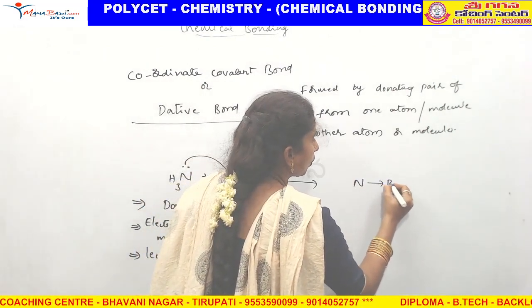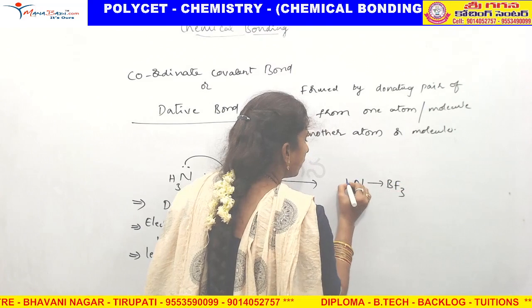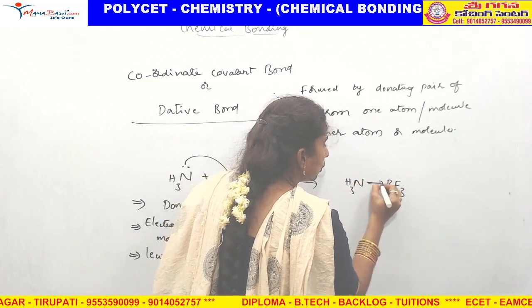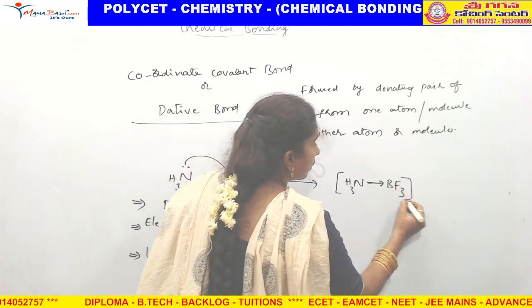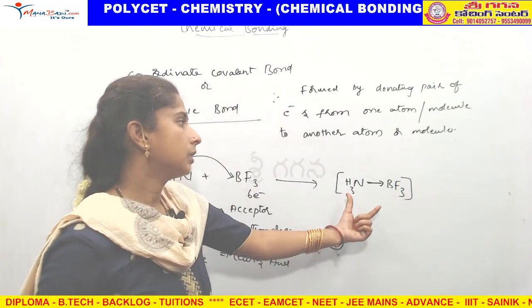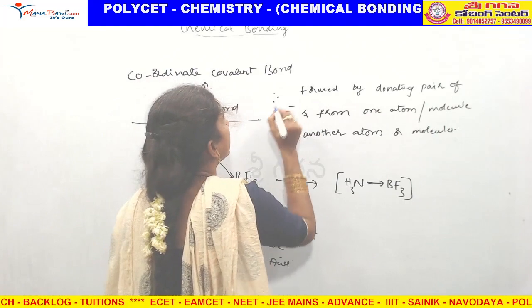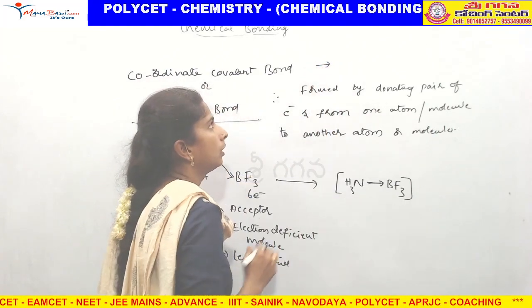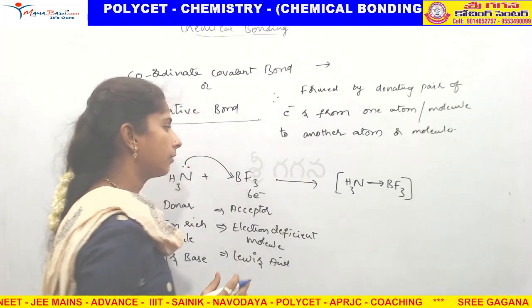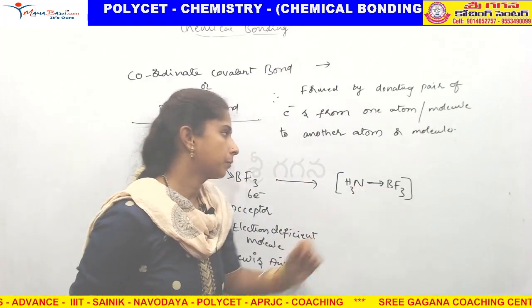Now come to how they are forming the bond. Nitrogen to boron, in BF3 and NH3. This bond is a coordinate covalent bond. Mostly this bond we represent in square brackets. A coordinate covalent bond is represented with an arrow. This arrow is from donor to acceptor.